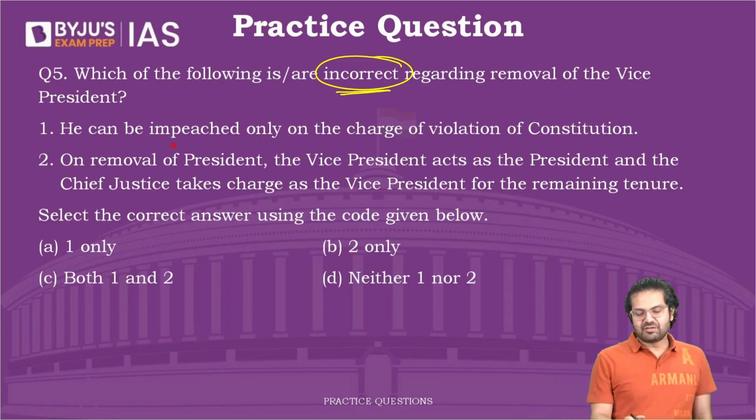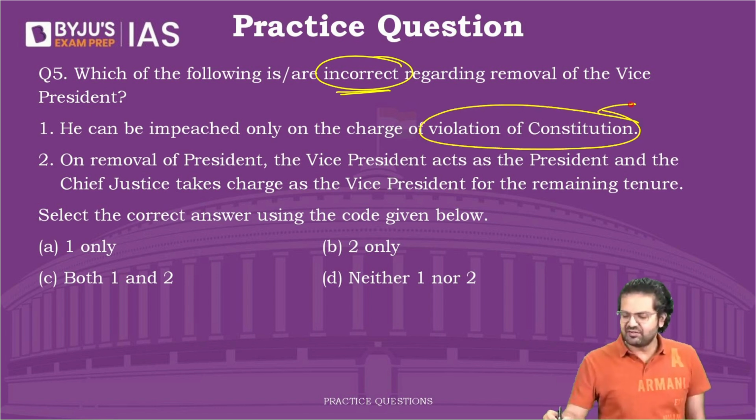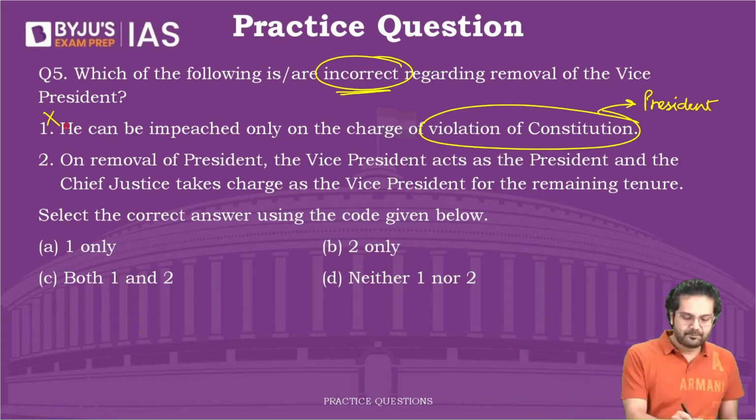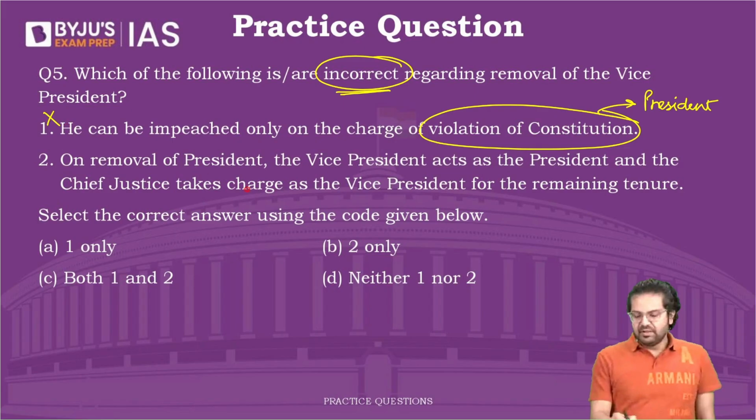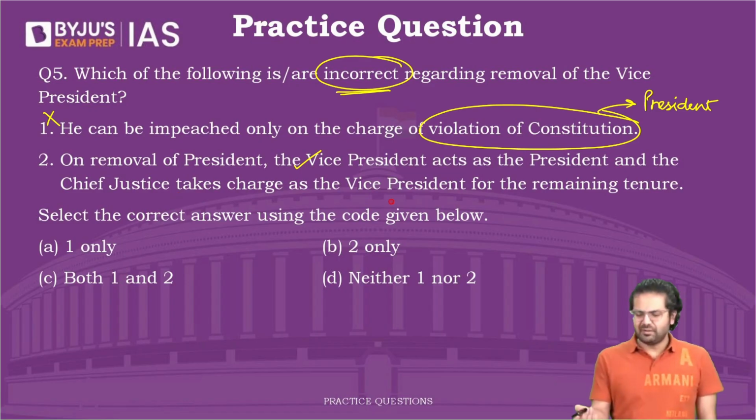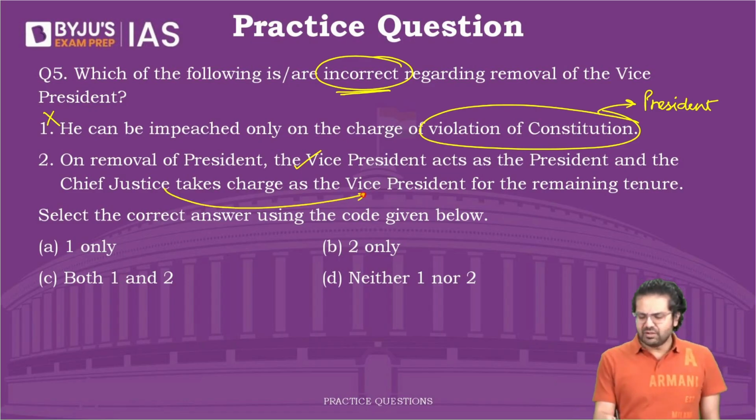He can be impeached only on the charge of violation of constitution is a charge with respect to president, not for the vice president. Nothing is mentioned for him. On removal of president, the VP acts as a president. Absolutely correct. And the chief justice takes charge as vice president? Of course not. We don't need a VP.